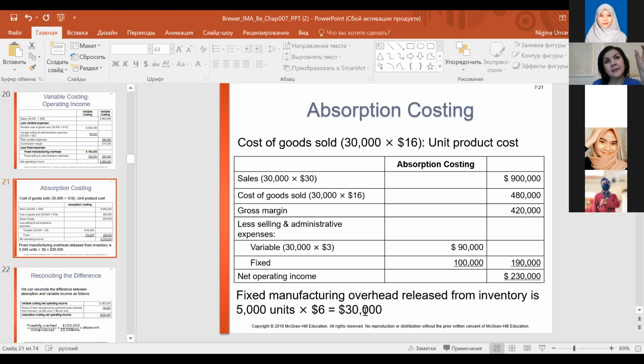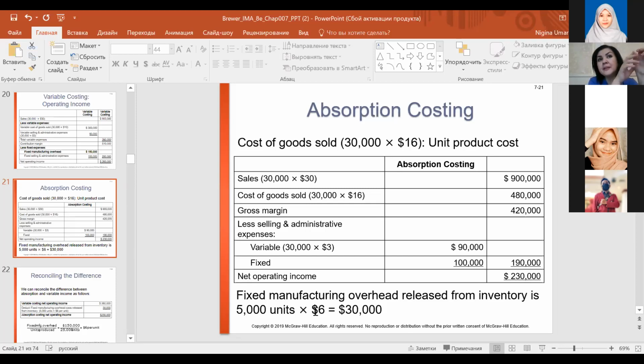It was sitting in the inventory. Now when the company sold this inventory, 5,000 units, each of these 5,000 units has $6 of manufacturing overhead, which comes from the previous period.